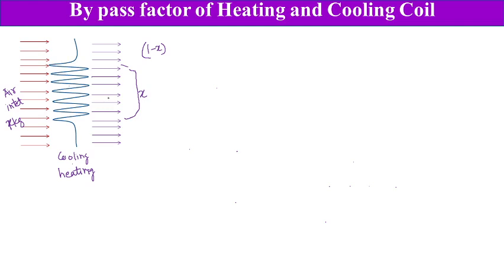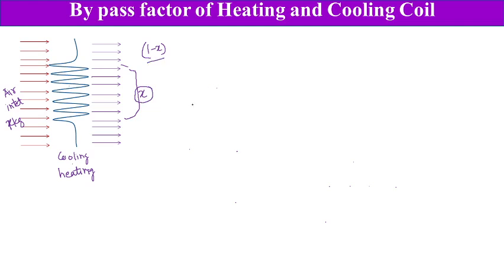So for this, let us assume that 1 kg of air is passed in the system, whereas x kg is going to pass over the coil, and 1 minus x is not coming in contact with the coil.